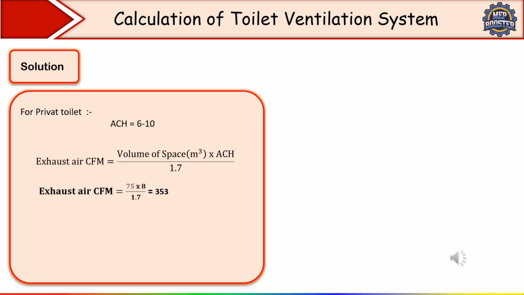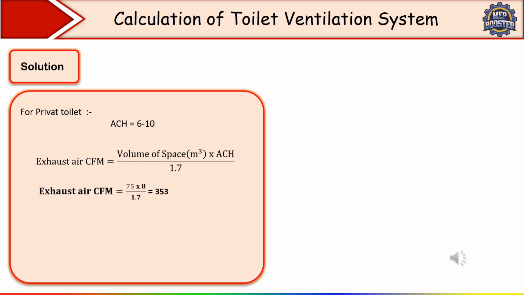ACH I have taken as the average value 8, so we change the air 8 times. So we put all these values in the exhaust air CFM formula: volume of space we calculated 75 into 8 ACH value divided by 1.7. So finally we get how much CFM exhaust? 353 CFM of air we have to exhaust from that toilet.